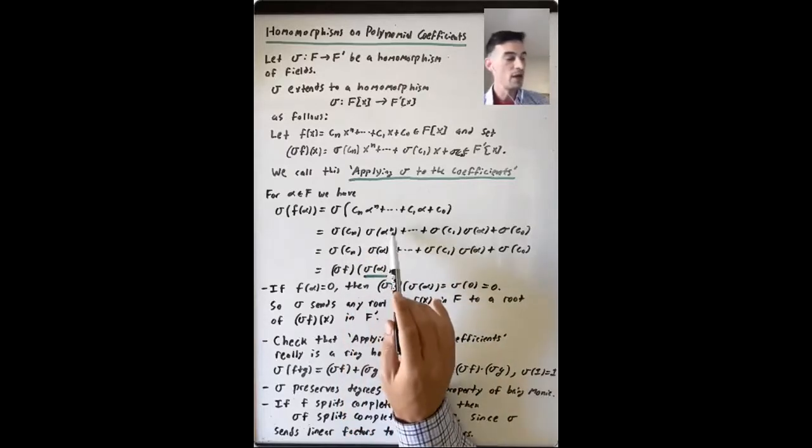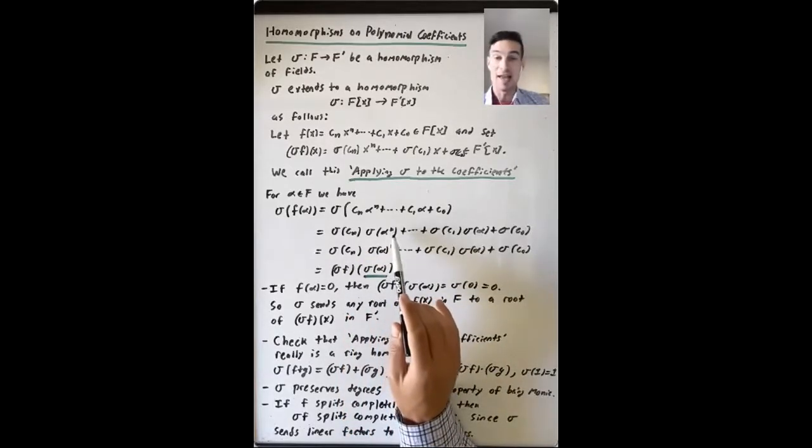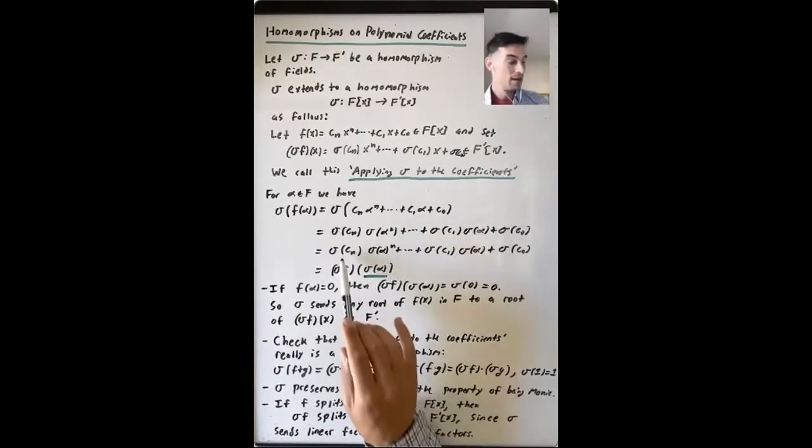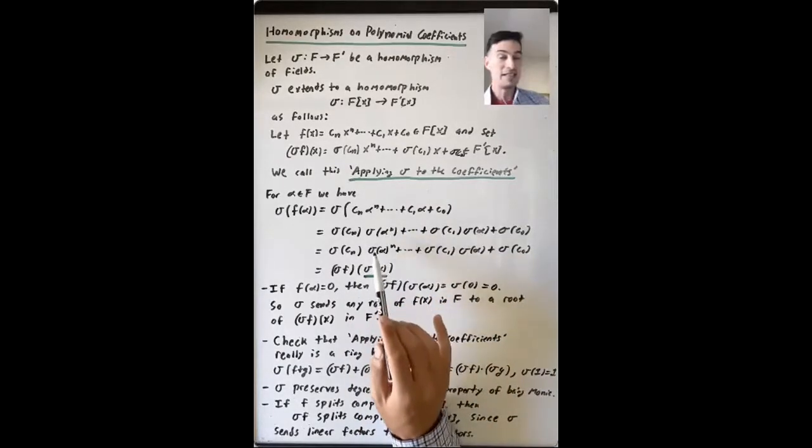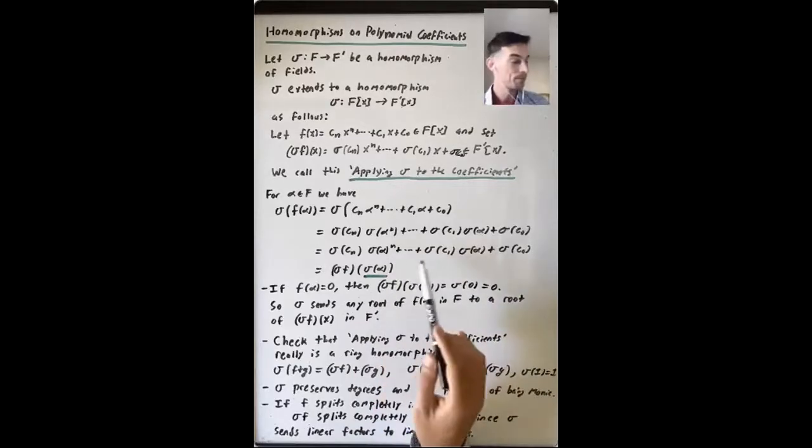And what is sigma(alpha^i)? Well, this is a homomorphism, so it's sigma(alpha) times sigma(alpha) times sigma(alpha), i times. So all we're doing here is rewriting each sigma(alpha^i) as sigma(alpha)^i.